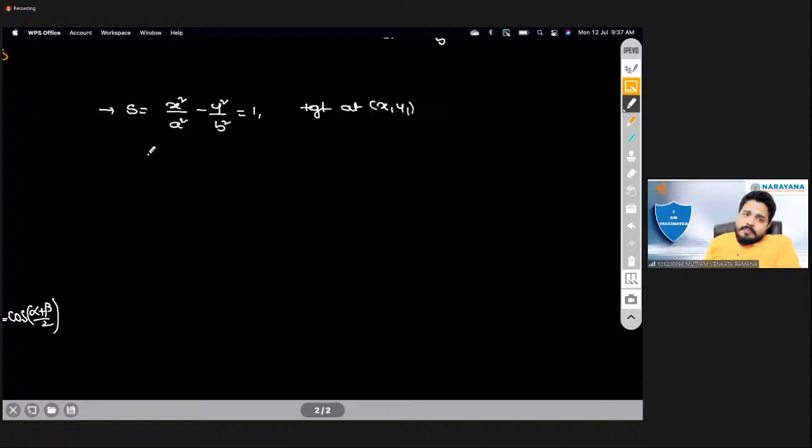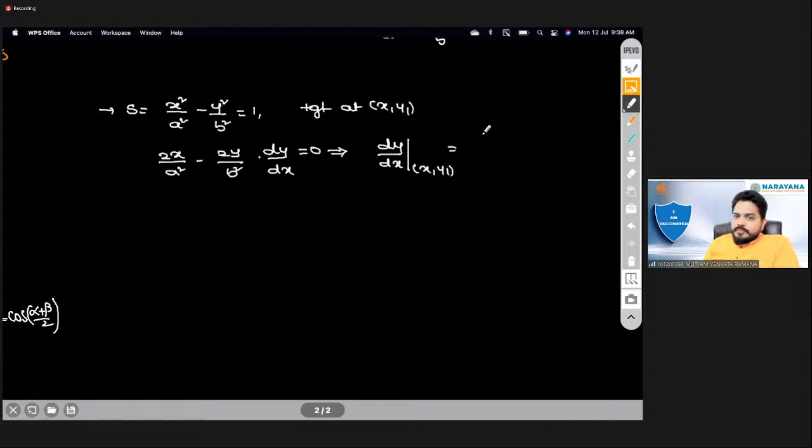So 2x by a square minus 2y by b square into dy by dx is equal to 0. So dy by dx at x1, y1 is equal to b square x1 by a square y1.